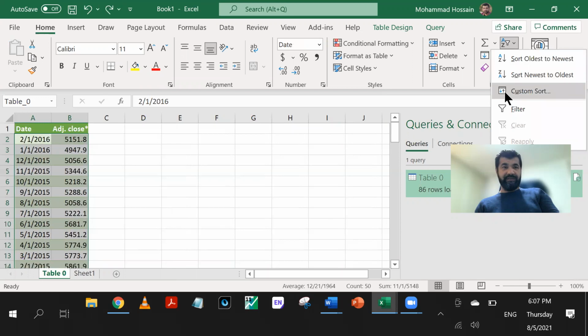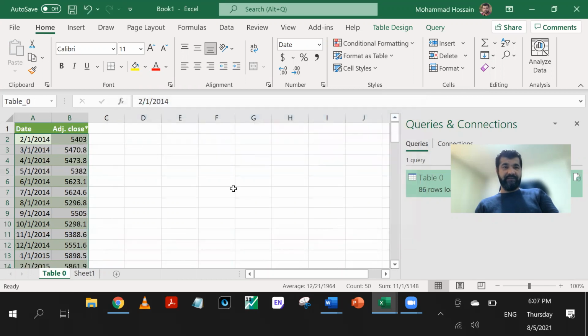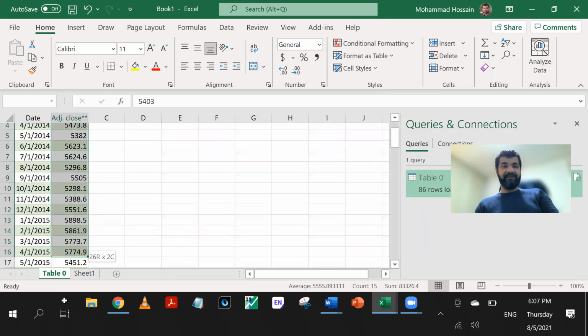Choose custom sorting I have to do. Sort by date. Yeah. Oldest to newest. Yes. Now I got the 2014 date. Okay. Yeah. Let me copy this date now, adjust it close.